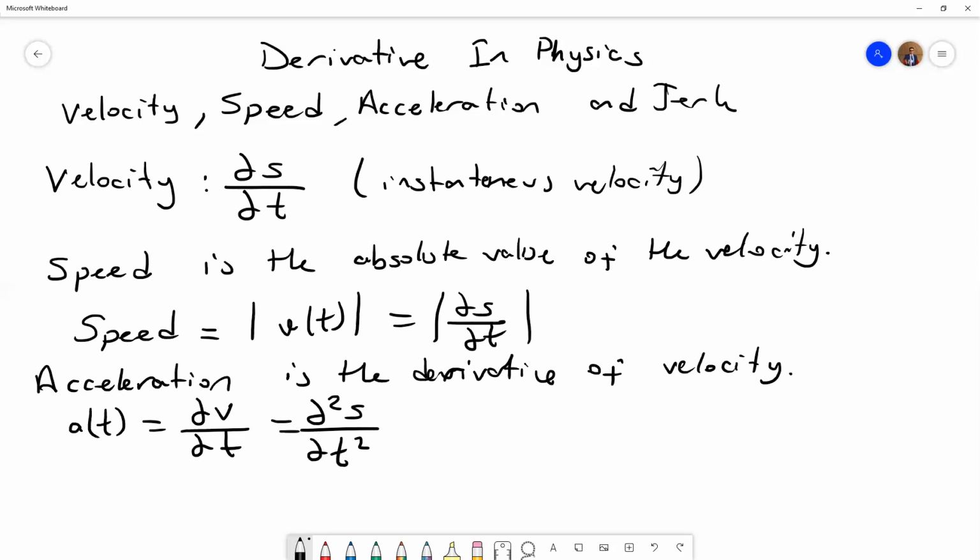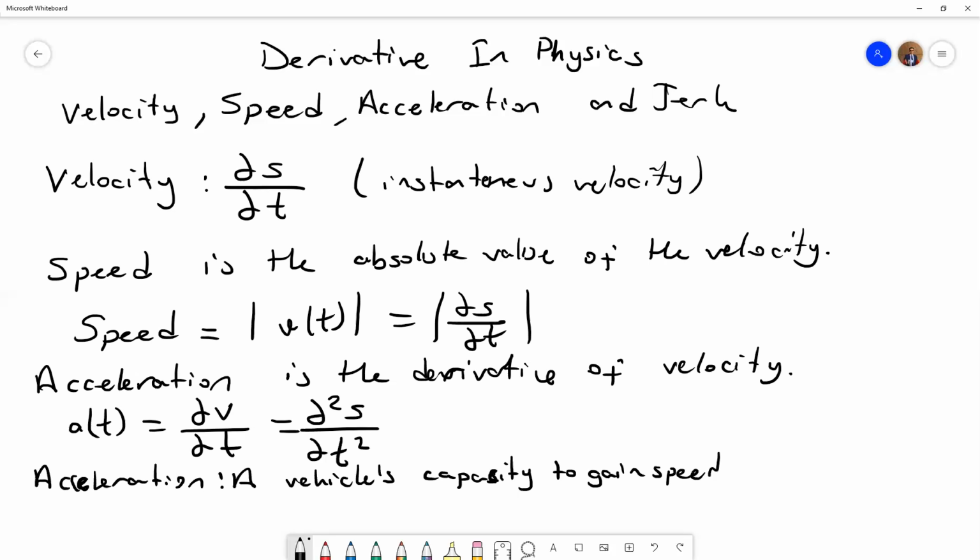And we also know the definition of acceleration: a vehicle's capacity to gain speed in a short time.